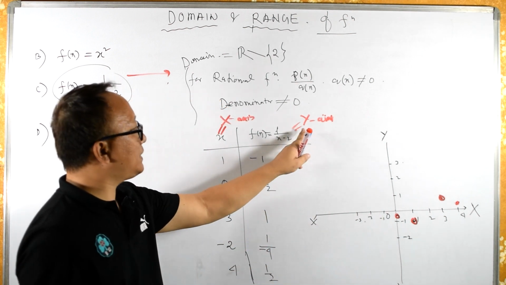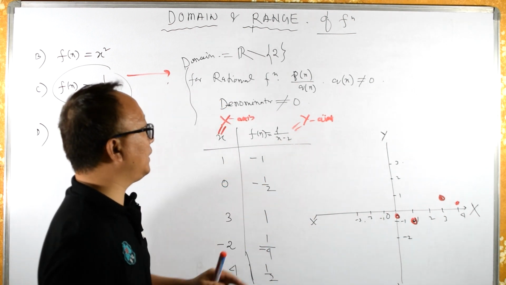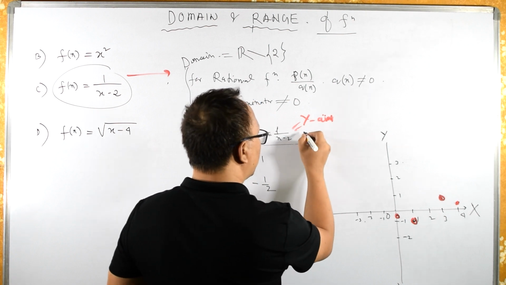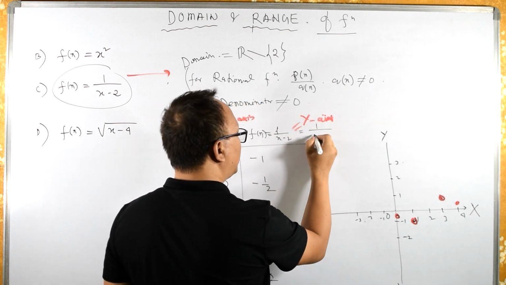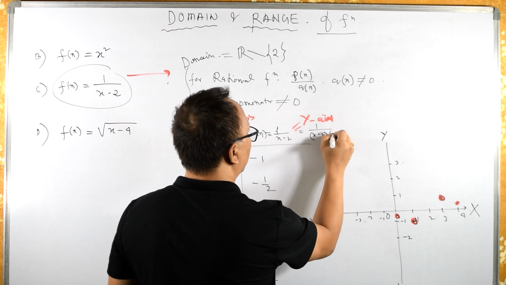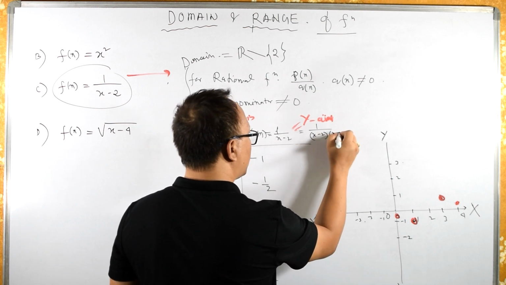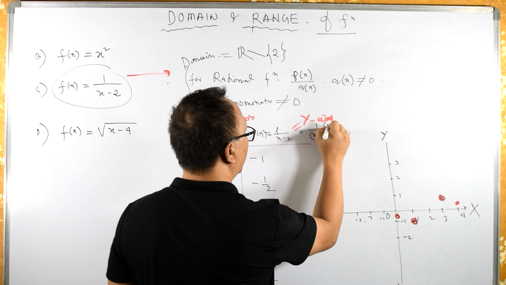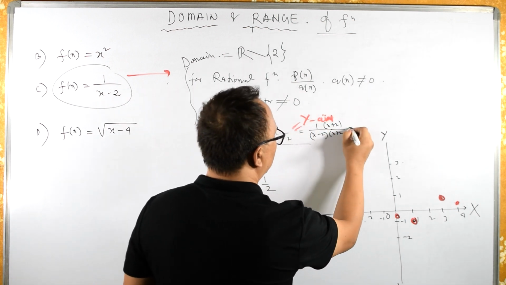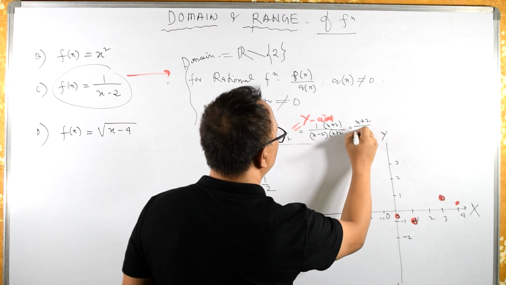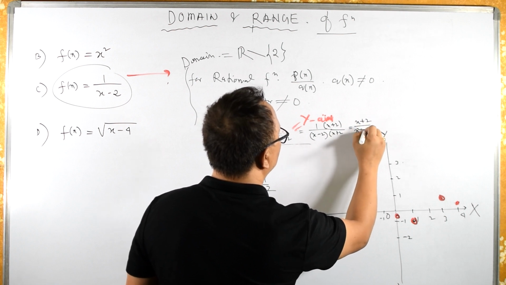Now let's see what this function is. This function can be written, if I rationalize by multiplying numerator and denominator by x plus 2, as x plus 2 upon x square minus 4.